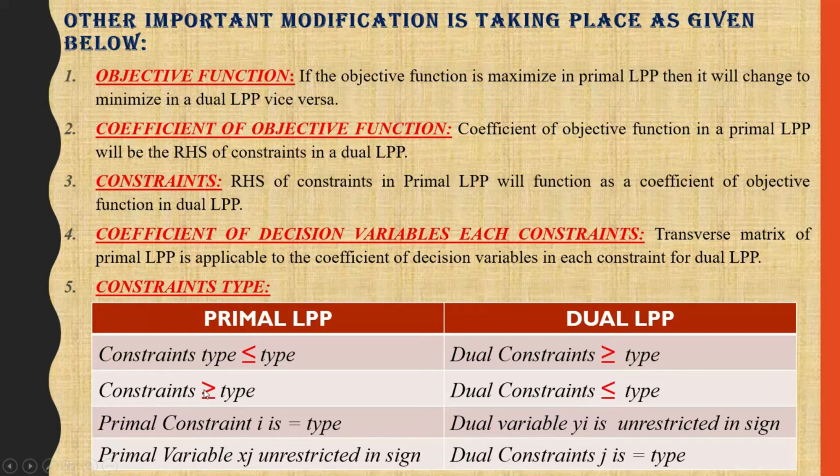If the primal constraint is greater than or equal to type, then the dual constraint is less than or equal to type. If the primal constraint i is equal to type, then the dual variable yi is unrestricted in sign, and if the primal variable xj is unrestricted in sign, then the dual constraint j is equal to type.